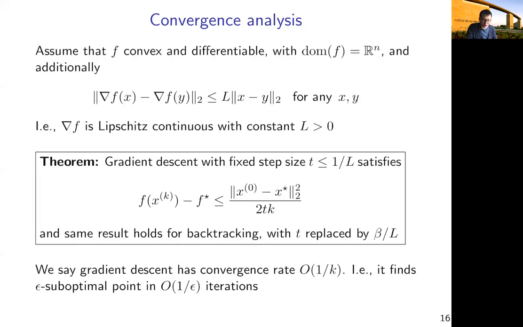In order to formally show a polynomial time convergence guarantee, we need to make an additional assumption that this function is strongly smooth. By strongly smooth, I mean the gradient of this function is Lipschitz continuous. Specifically, the gradient satisfies this inequality, which is the definition of a function being Lipschitz.